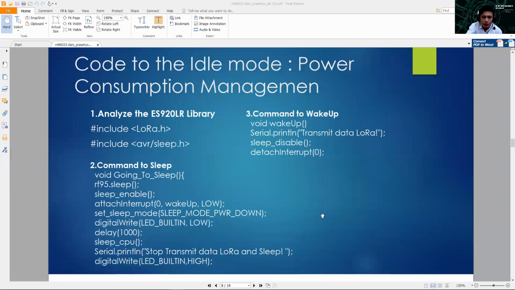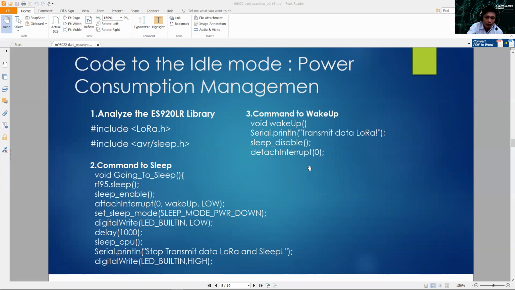And we need to consider the power consumption. So in the code, I use idle mode. Idle mode is how to make it sleep and wake up on command, waking up while transmitting LoRa data and sleeping while it stops transmitting. So these are three important commands.